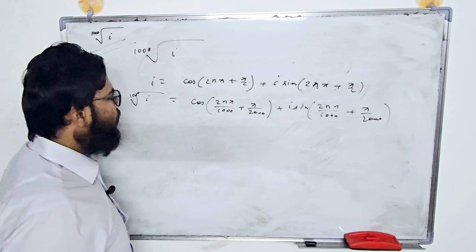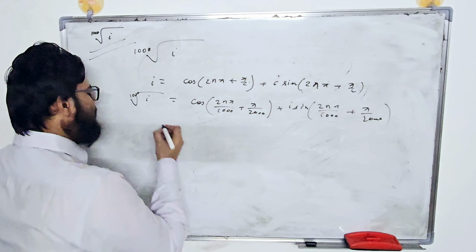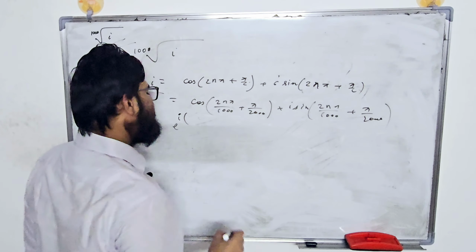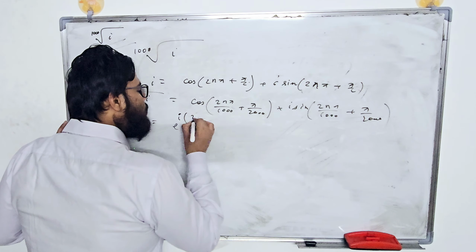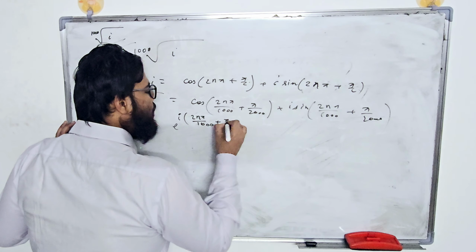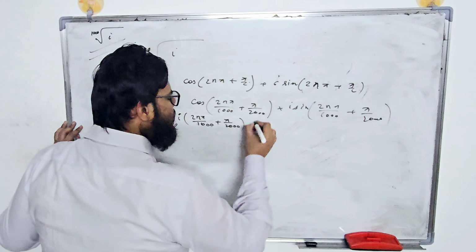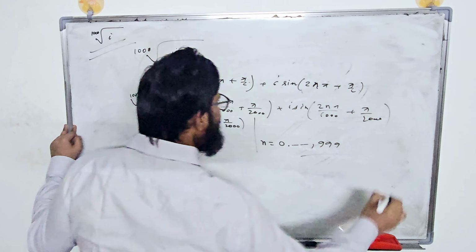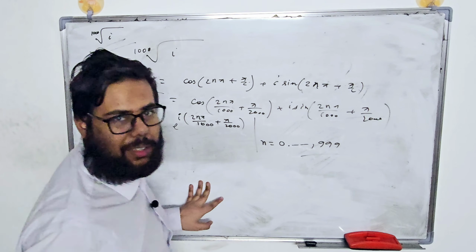And again you can write e to the power I times (2n pi by 1000 plus pi by 2000), evaluated from n equal to 0 till 999. So there are 1000 different roots over here.